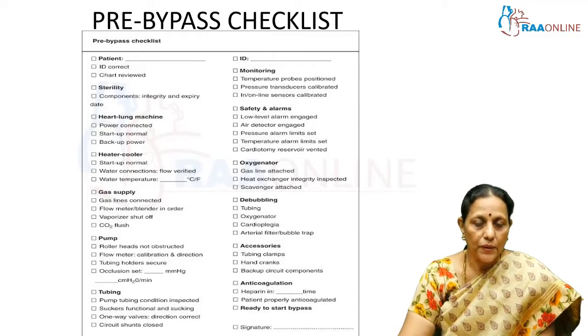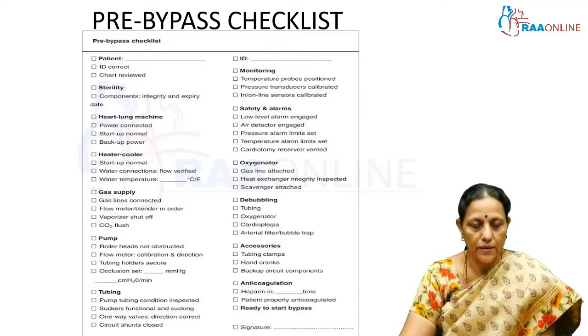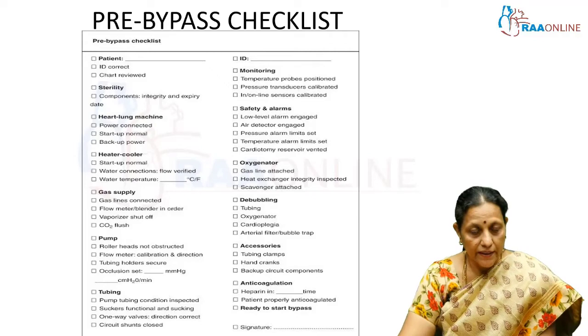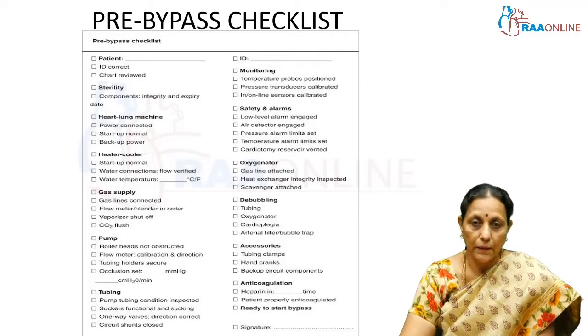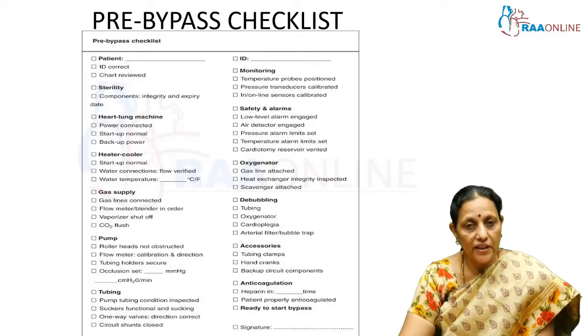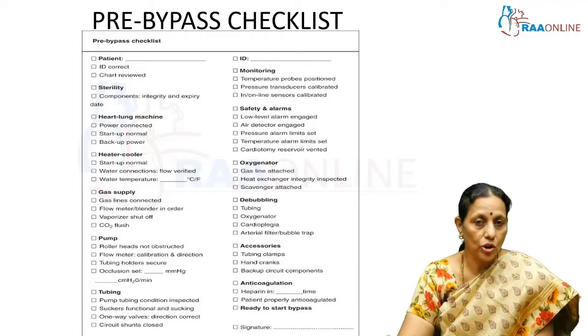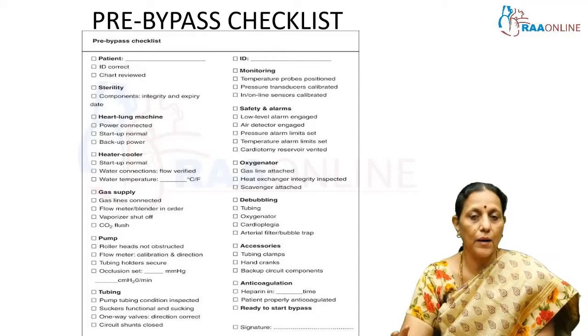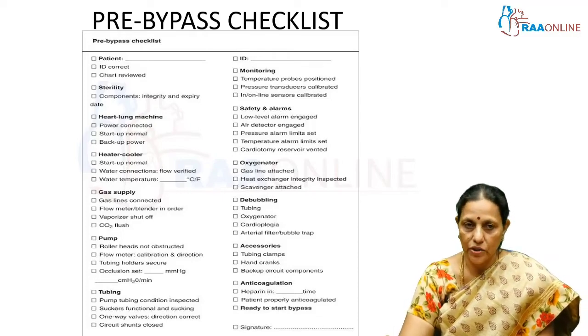Then the components that are used for this cardiopulmonary bypass, the disposable components, products, expiry dates, their capacities, their configurations, all these have to be sorted out prior to the patient coming in. You have to check the parameters of the patient and select the appropriate disposables for the patient.